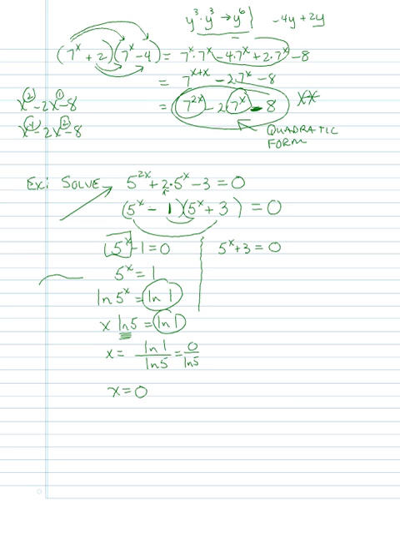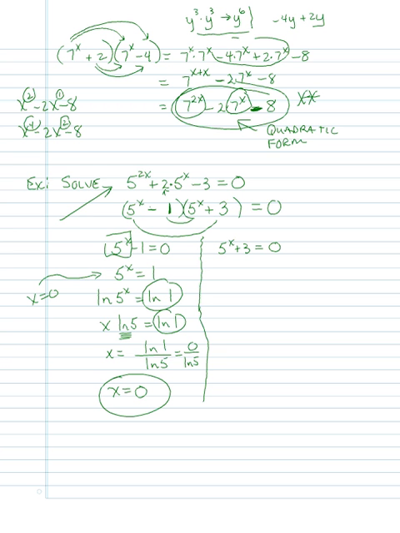Or we might have even been able to tell, we usually can't notice this, but 5 to what power would be 1? Oh, the power would have to be 0. So we might have been able to tell right there that x would have to be 0. But one way or the other, we get a solution of 0, and that's a good solution, okay?